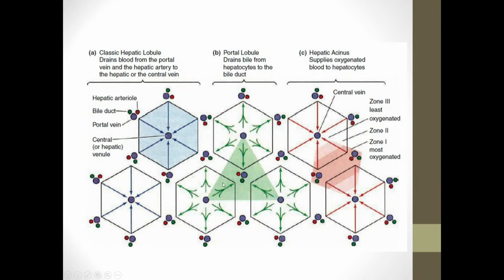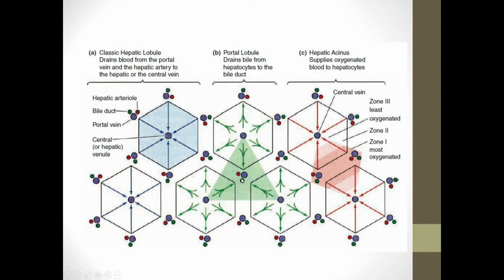Bile runs opposite of the blood. If blood goes from the periphery to the center, bile goes opposite, from the center to the periphery. And from three such lobules, bile moves in this direction and enters this bile duct.